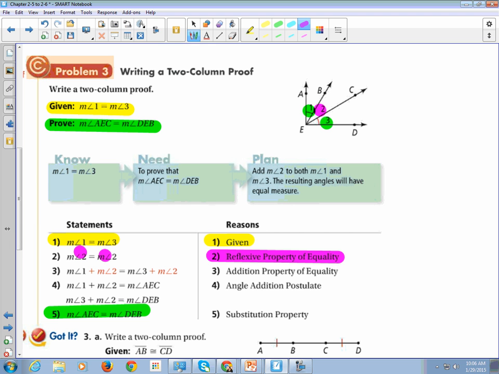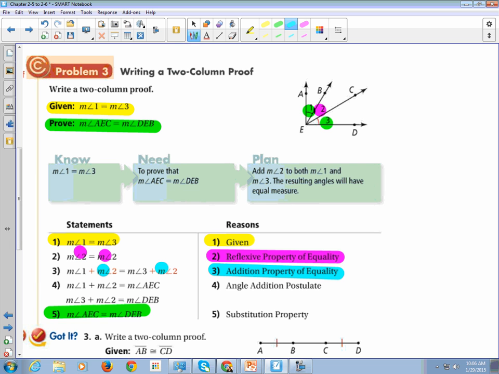That's reflexive. All right, what do we call it when we add the same item to each side? I'll give you a hint. Property. It's right here. It's the addition property of equality. So we're going to add angle 2 to angle 1 and to angle 3, and because we do it to both sides of the equal sign, it stays equal.